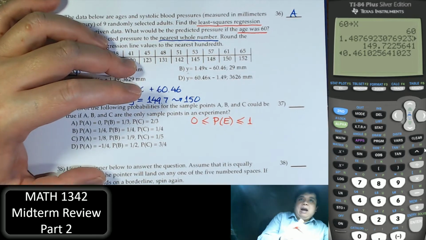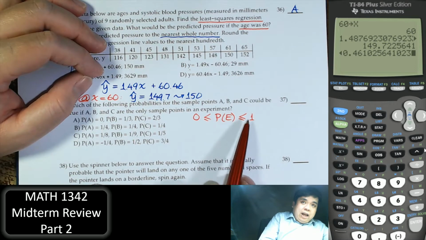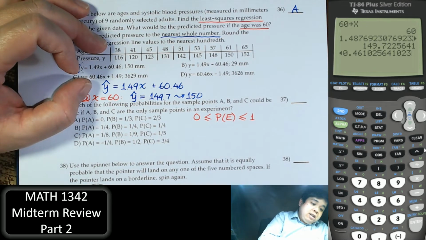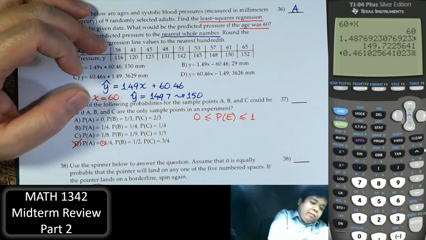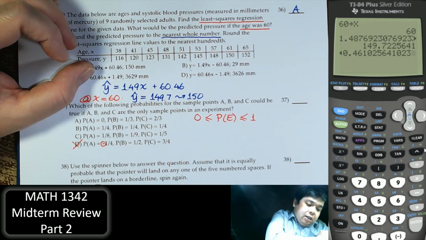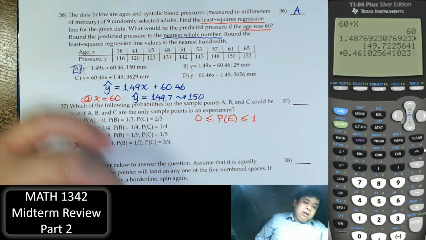So probability has to be between 0 and 1. 0 is never happened and 1 is always happened. So because of that, this is not going to be the answer because of the negative.